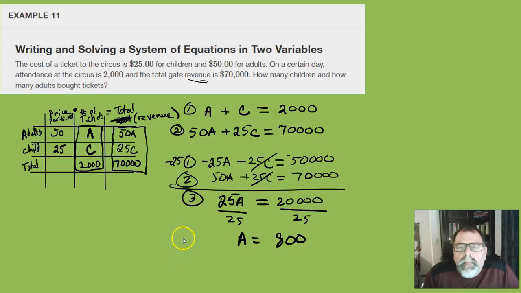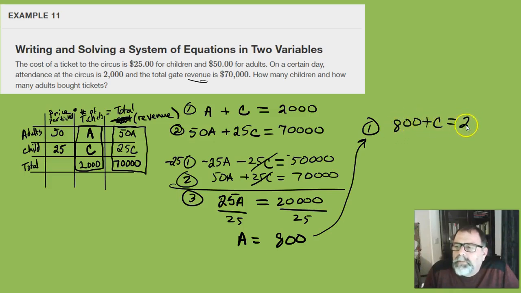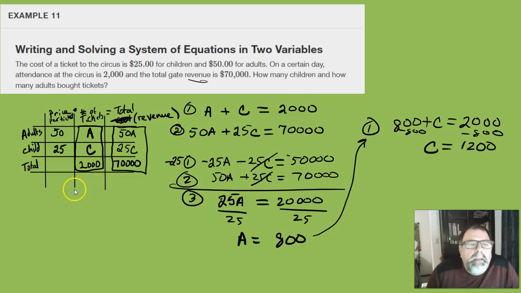Okay, so if there's 800 adults, how do I figure out children? Well, I'm going to plug this back into equation 1. 800 adults plus children has to be 2,000. You subtract 800, so you get 1,200 children. Okay, so how many children and how many adults?